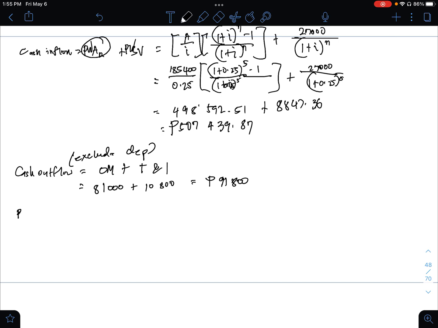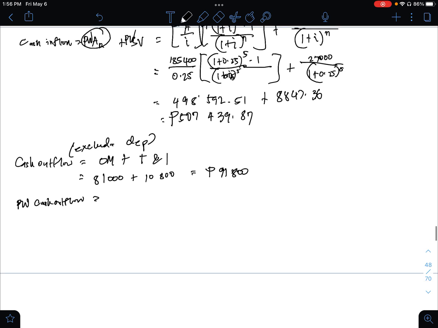So, the present worth of cash outflow. Since nag-invest tayo, kasali natin si investment.